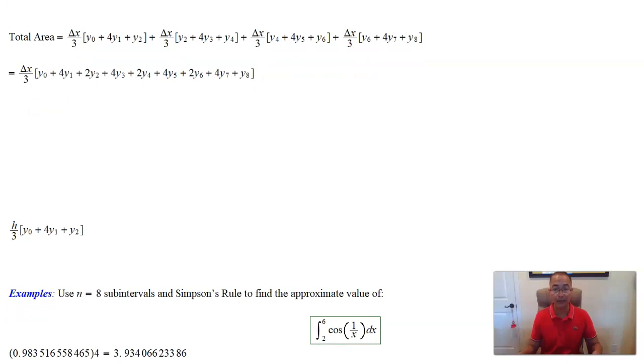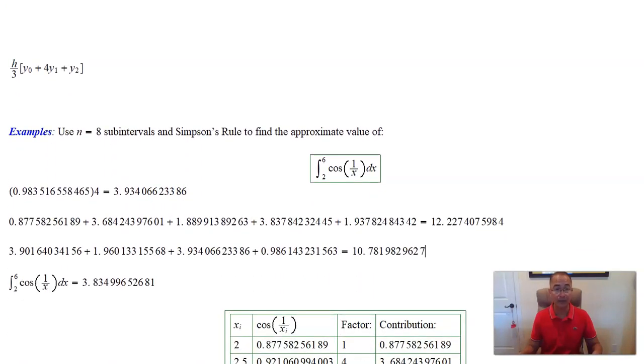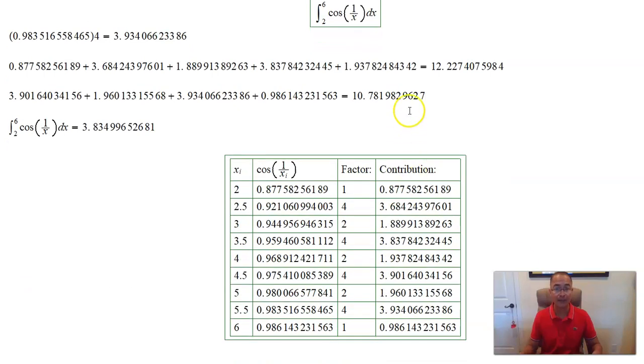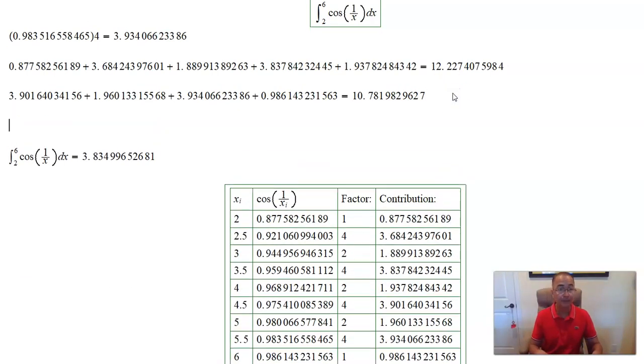So 1/2 divided by 3, that's 1/6. So we will divide the total that we get by 6. Okay, let's add them up. Take this and add to this. And we get this much. All right. And then we will divide that by 6.